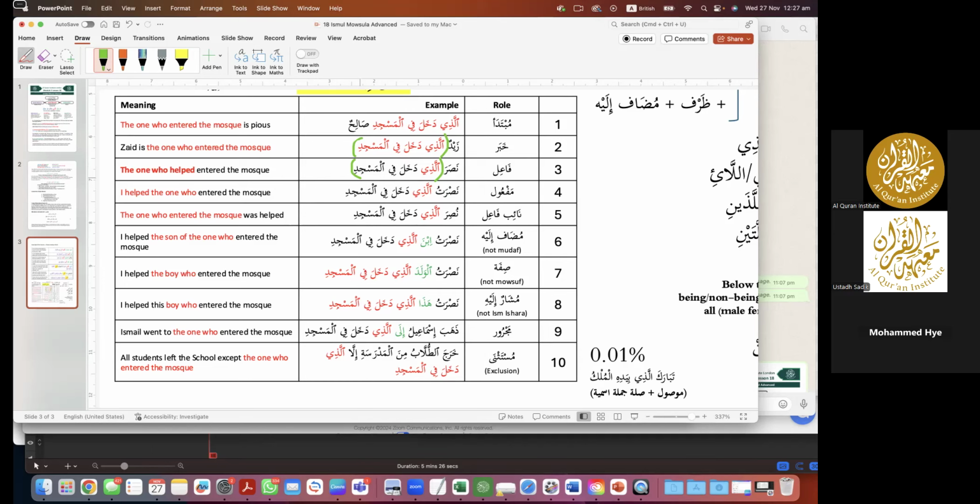Nusira, Nasara, Nusira. Majhul, right? Yes, majhul. So if it is a majhul, what are you looking for? Naib fa'il. How would you determine if it is a single word? How would you identify that it is a naib fa'il?